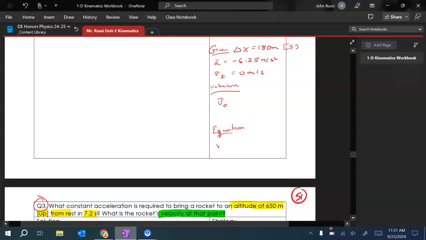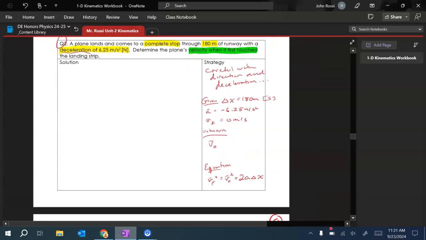It's final velocity squared is equal to initial velocity squared plus 2 times the acceleration times the displacement. I'm looking at 4 variables, one of them is unknown, and which equation has the 4 variables that I need?